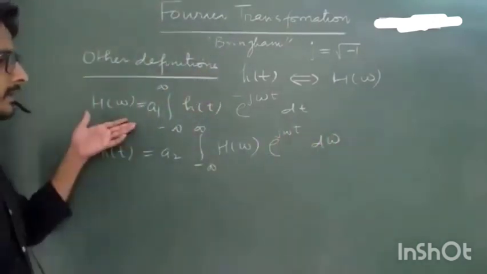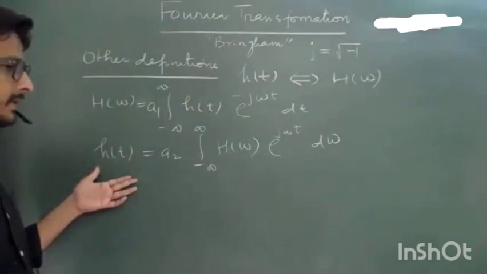Suppose this is the Fourier transformation and this is the inverse Fourier transformation, correct?